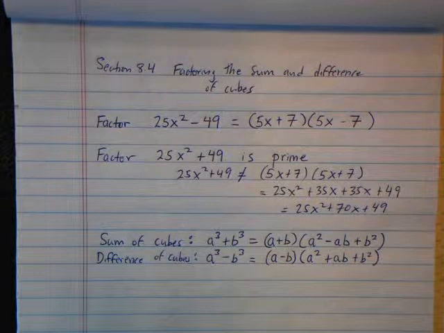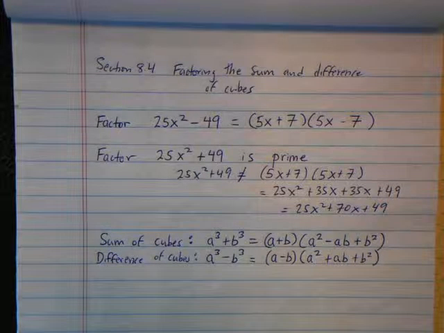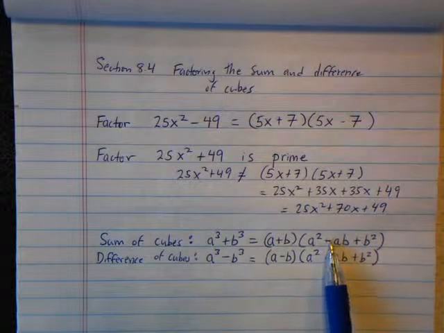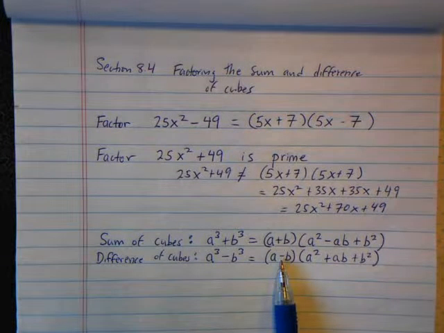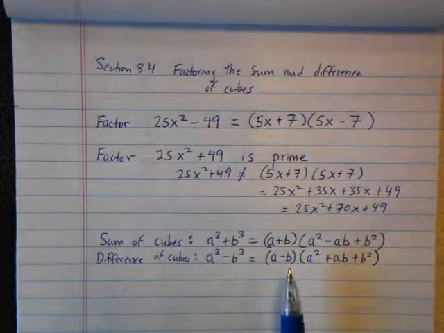So what's the only difference in those 2 formulas? The signs, the placement of the minus signs. So notice that this one has a minus sign over here, and the second one has the minus sign over there. Otherwise, they're exactly the same.